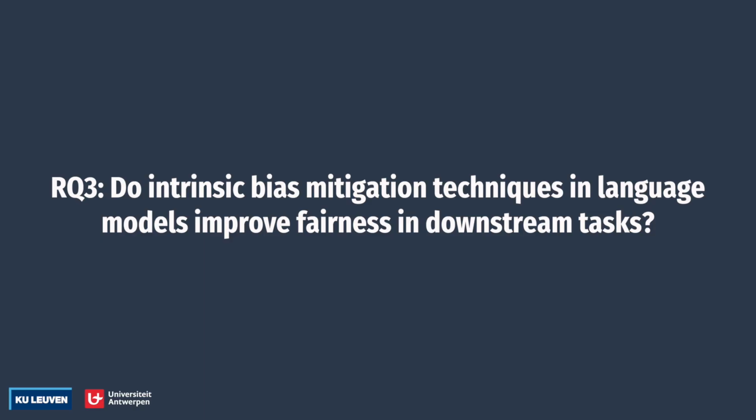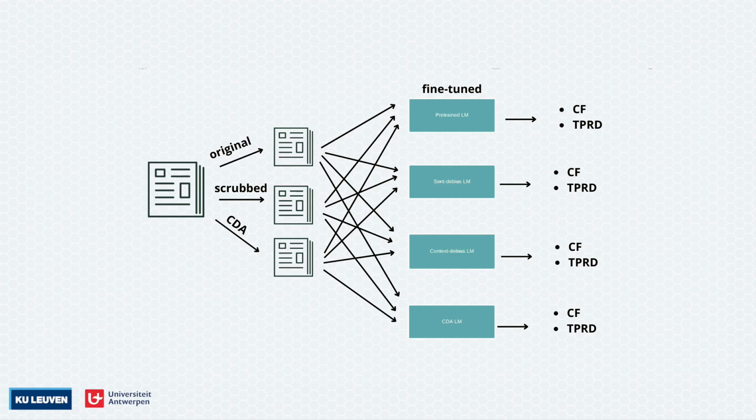In answering our third research question, we want to see the impact of intrinsic bias mitigation techniques on downstream tasks in natural language processing. To look at this, we use our datasets, which are Bias in Bios and the Jigsaw dataset, and look at how the various intrinsic mitigation techniques perform in the context of various downstream interventions.